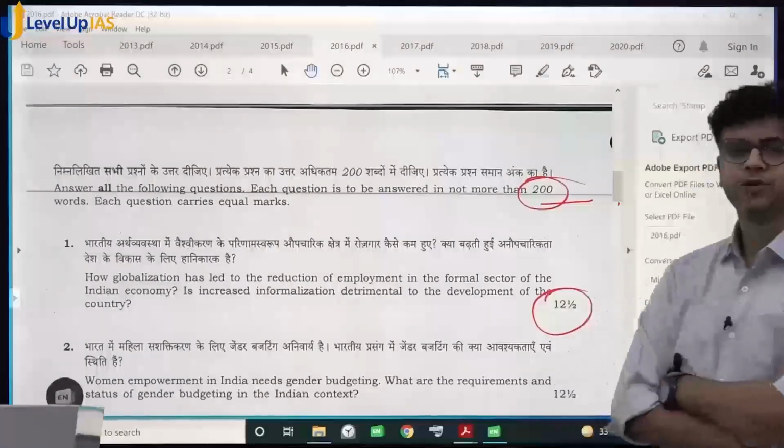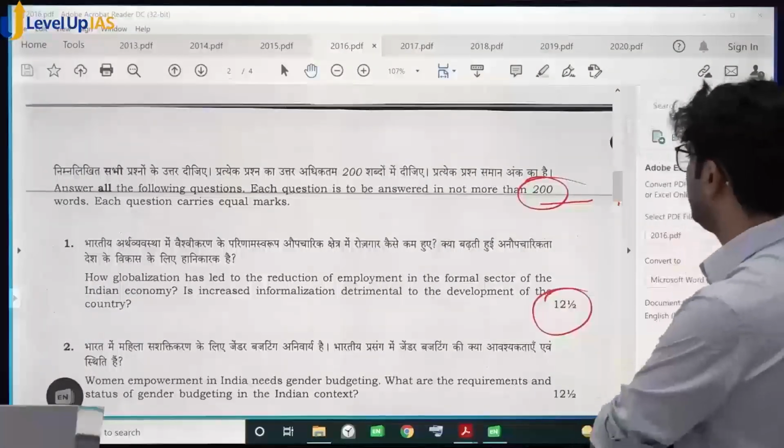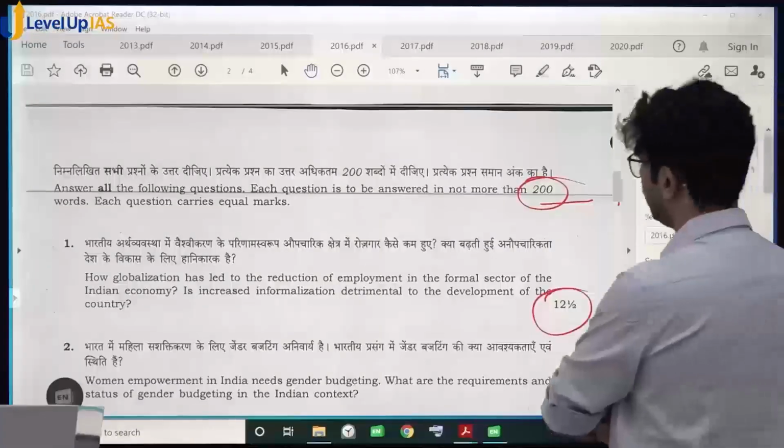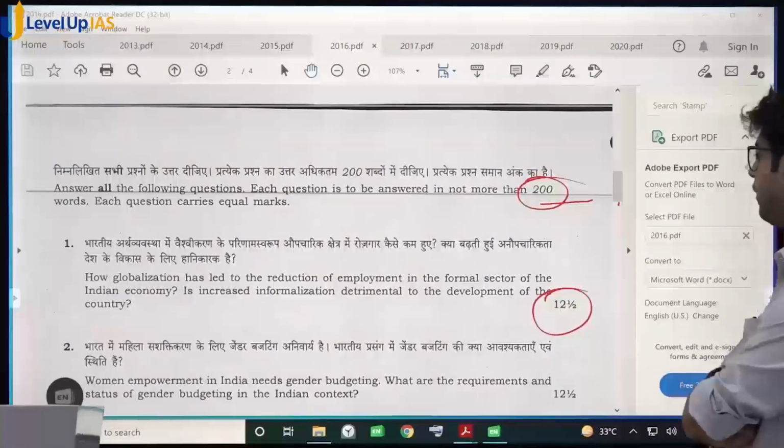Which syllabus point do you think it comes from? How globalization has led to the reduction of employment in the formal sector of the Indian economy. Is increased informalization detrimental to the development of the country?